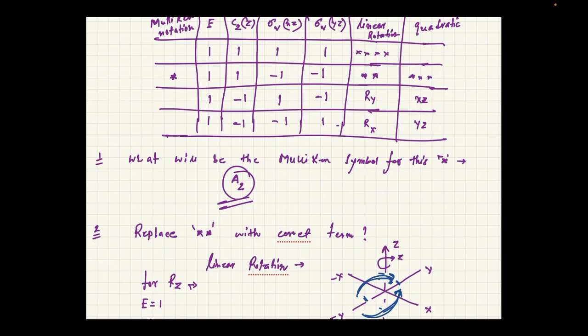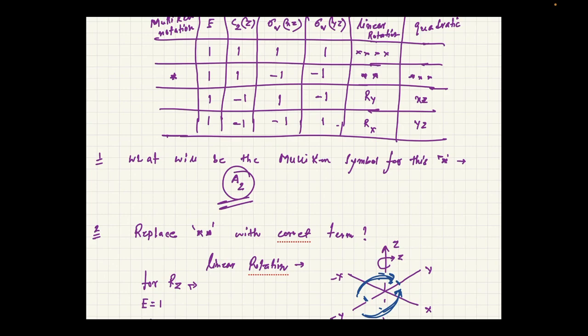So it will generate an indistinguishable conformation, and the character will be 1 here. Then sigma v xz, the vertical plane of symmetry containing the x-axis and z-axis. Here y will get converted to minus y and x doesn't change. So minus y times x is minus xy, so the character will be -1.